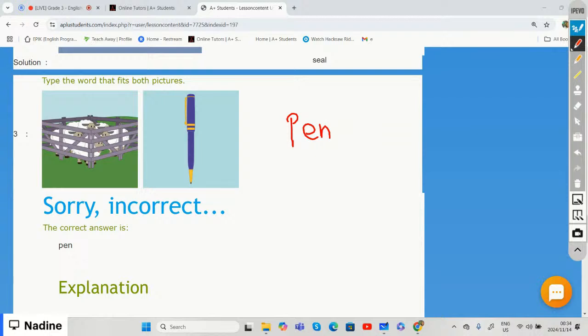And also a place where she basically lives, we can also call it a pen.